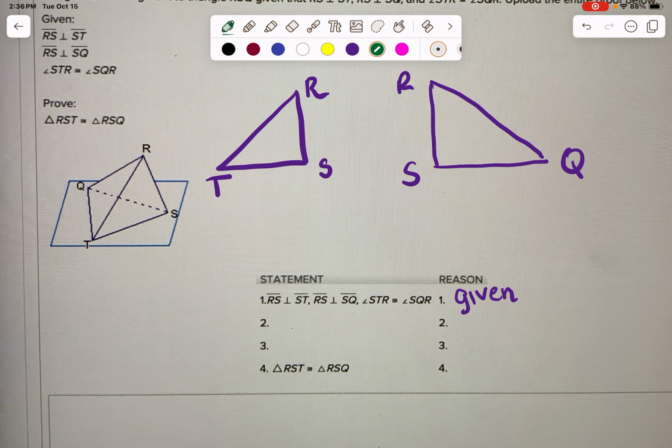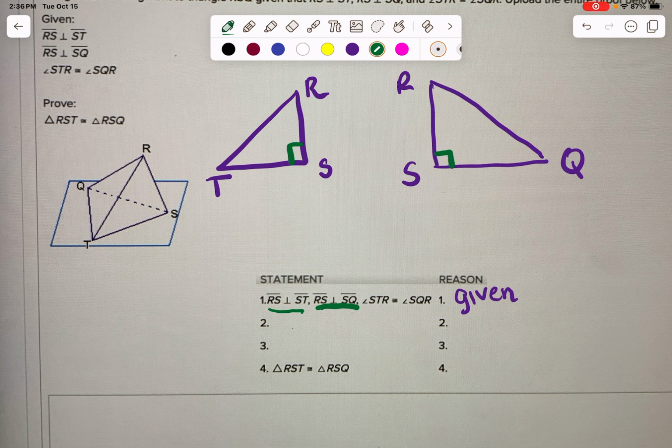And then I would go through and start to kind of get the information that you have labeled. So the first part talks about that RS and ST are perpendicular. So that means this is a right angle, and RS and SQ, that's perpendicular.